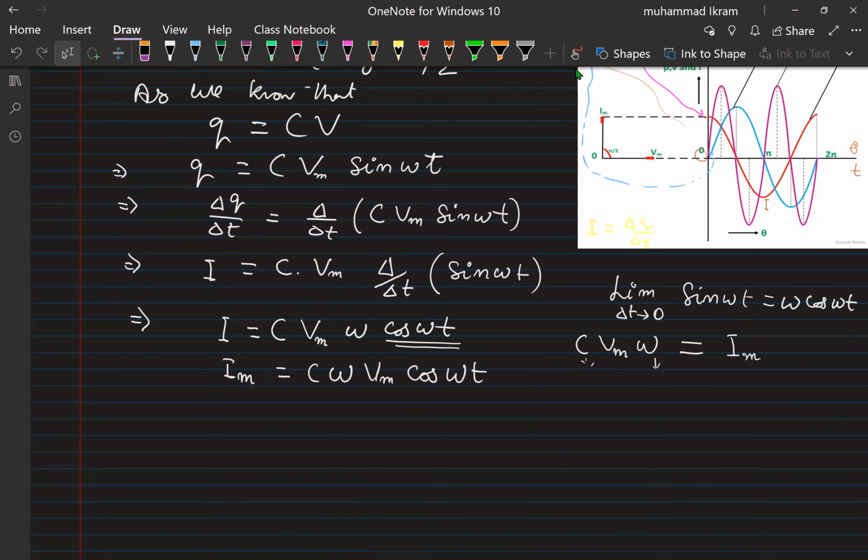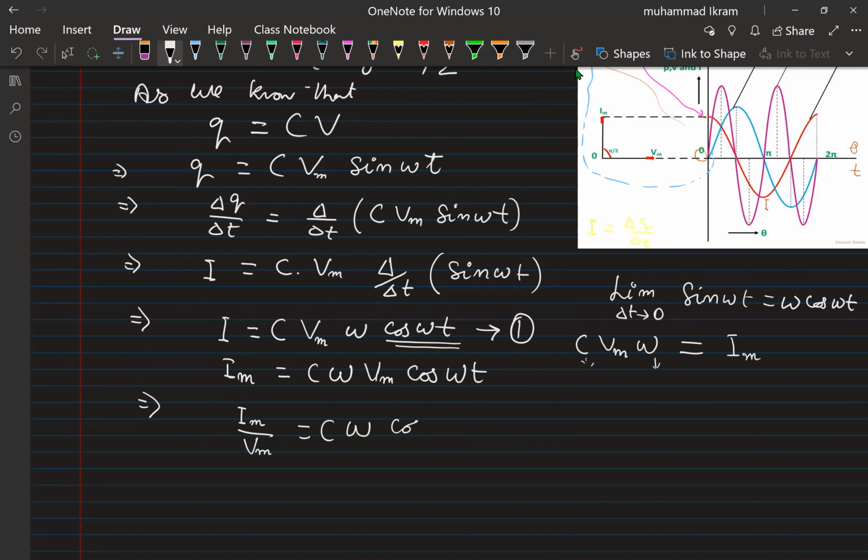Now I will revisit this equation, and here I will tell you something very special. Im is equal to Vm into C omega.